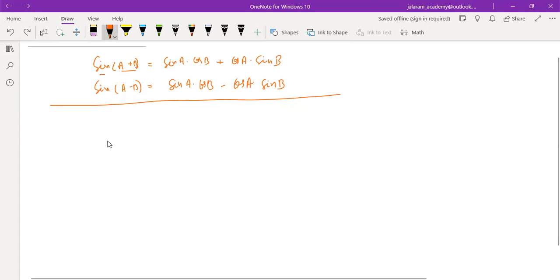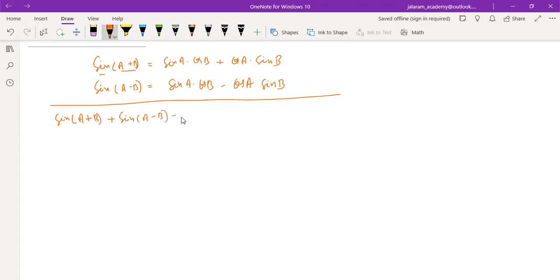So sin A plus B plus sin A minus B will be there. Look at this. Sin A plus B plus sin A minus B equals to sin A cos B plus sin A cos B. So their sum will be 2 sin A cos B.